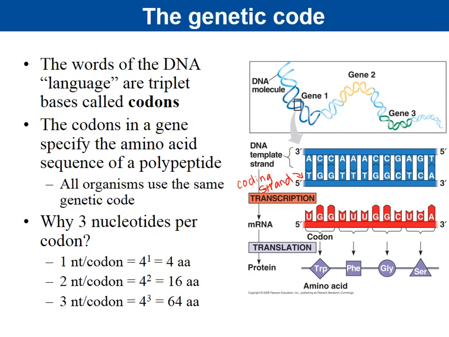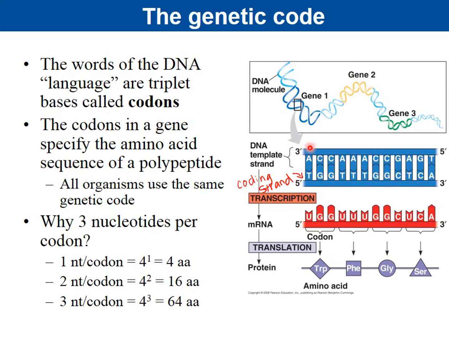So you have one strand that's going to be your template, one strand that's going to be your coding strand. When we go to do transcription, we're going to transcribe from DNA into mRNA. An enzyme called RNA polymerase synthesizes RNA, and it's going to read our template.